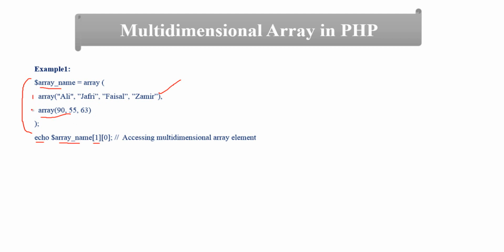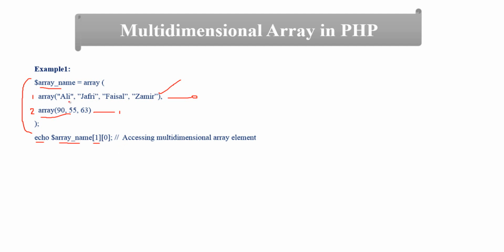This is one item, this is another item. So its index number is 0 and its index number is 1. You know that an array contains items, and items have their own index numbers that start from 0 to n minus 1. So this is the first item, this is the second item. The item is actually an array, but its index number is 0 and its index number is 1.